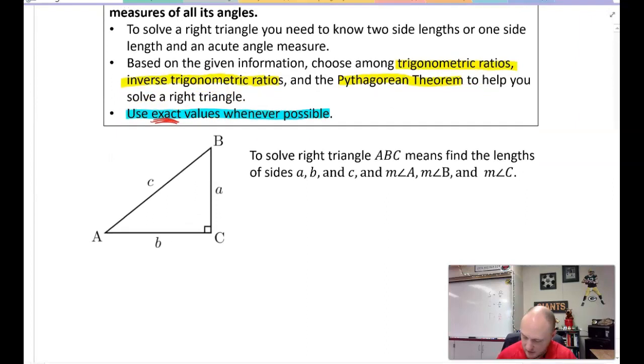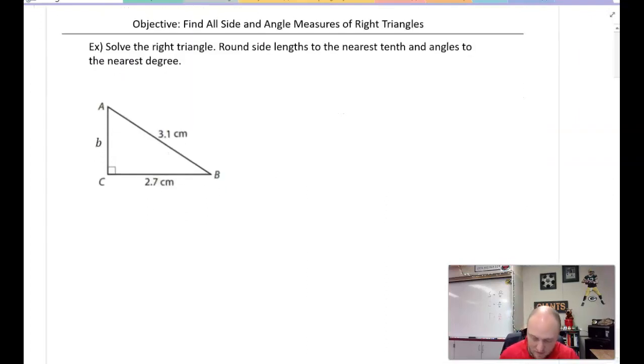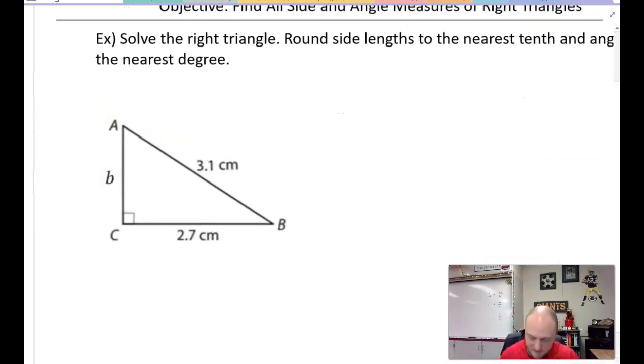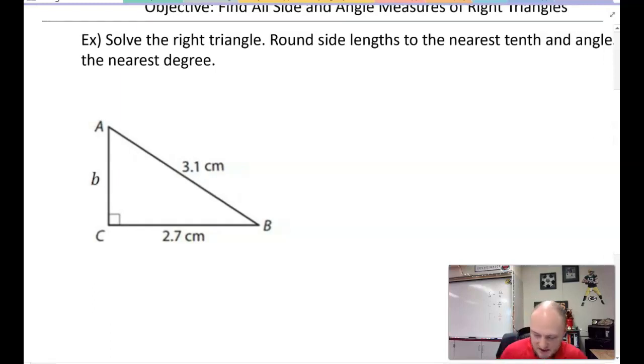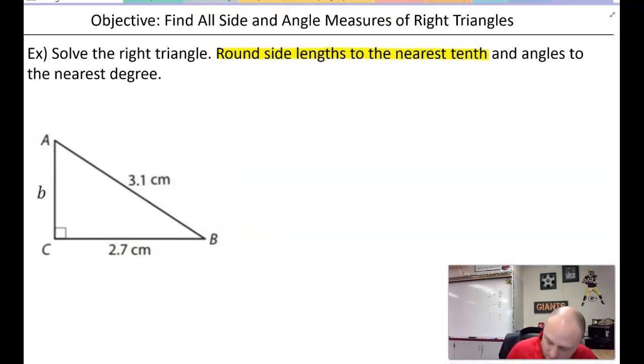All right, so let's go ahead and look at our first example. They say solve the right triangle, round side lengths to the nearest tenth, and angles to the nearest degree. So different places for rounding, just a heads up.